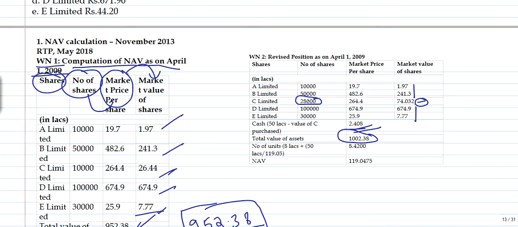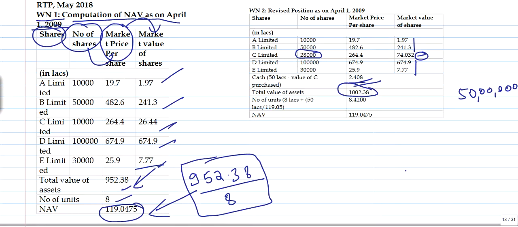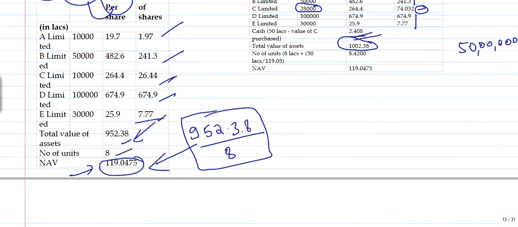For that, we have to issue units against 50 lakh. At what price? As we calculated the NAV, 50 lakh divided by 119.0475.